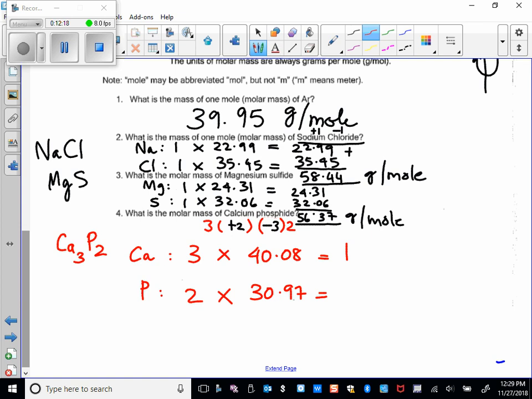Make sure you're putting numbers correctly into the calculator. .08, not 40.8. 40.08. You're missing out the 0. What is the answer? 120.24.